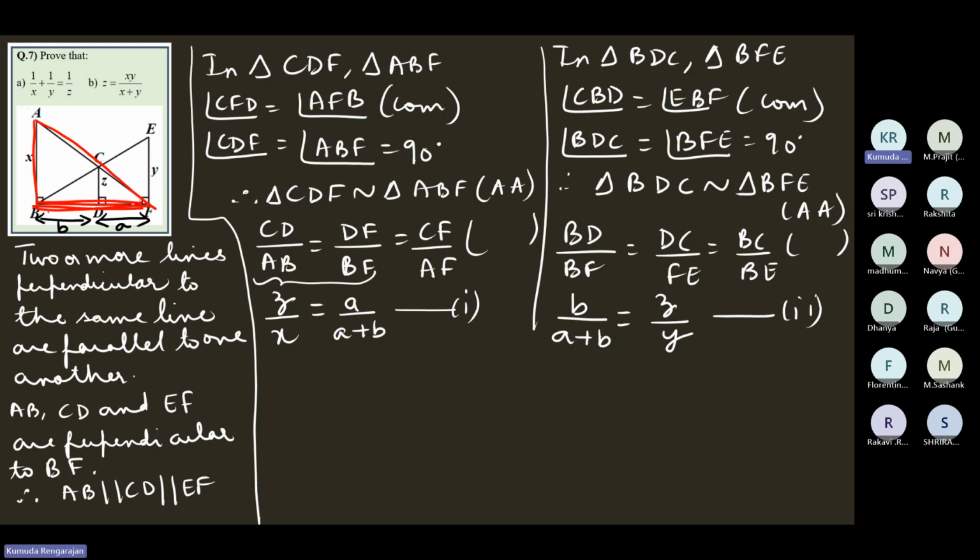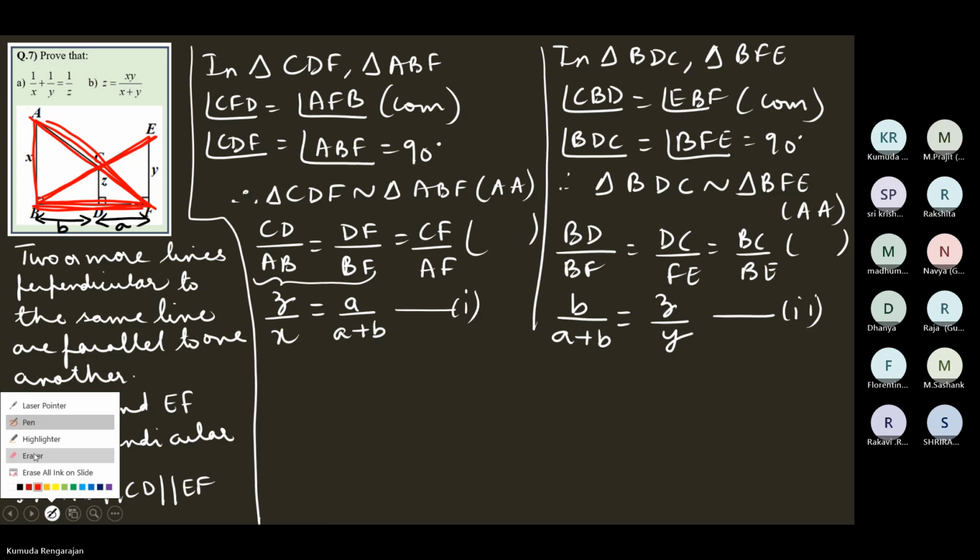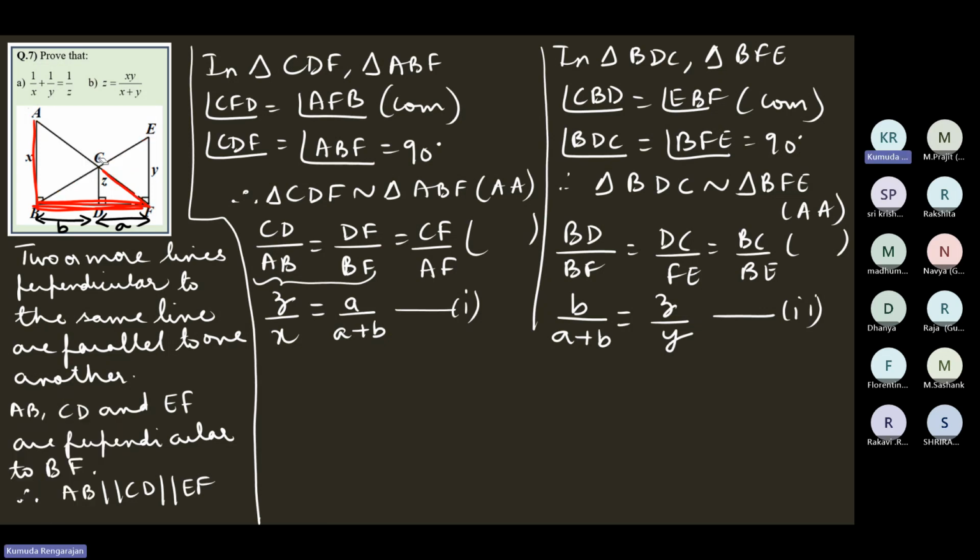Now the sides which we have ignored are BE and FA. They're not common: BE is a side of one triangle, and FA is a side of the other. We'll ignore the ratios that come on FA and BE.